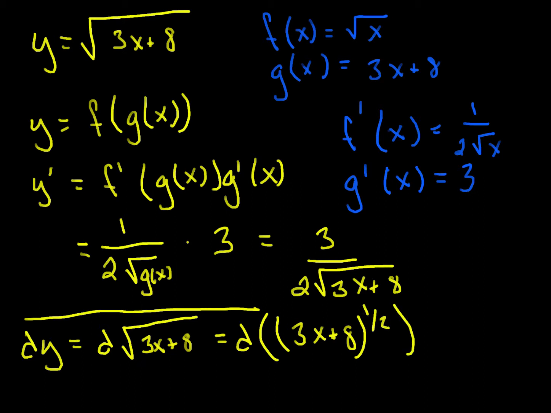Now, power rule says that the exponent comes down and becomes our coefficient, and we reduce the exponent by 1.